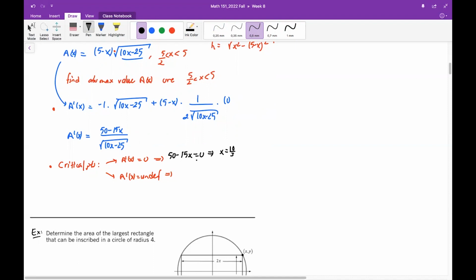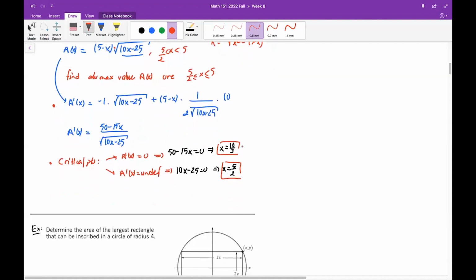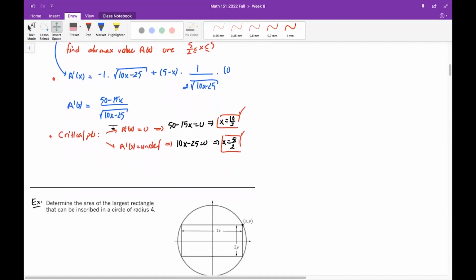And a prime is undefined where the denominator is 0. So when this equation is satisfied, x is 5/2. Okay, and both are valid critical points because they both lie in this interval. Maybe I can also put equalities like this. I will take them in my list.